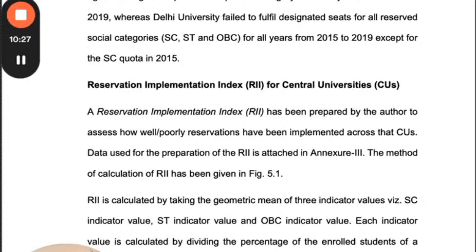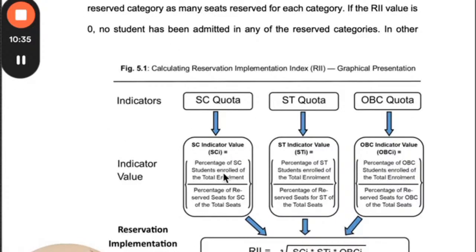Similarly, we can compute one for STs and for OBCs. So this is what the author has done, computing the SC quota, ST quota, and OBC quota. Now the reservation implementation index is taken as a geometric mean of all these indicator values.